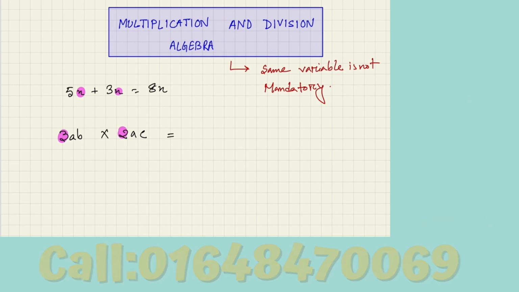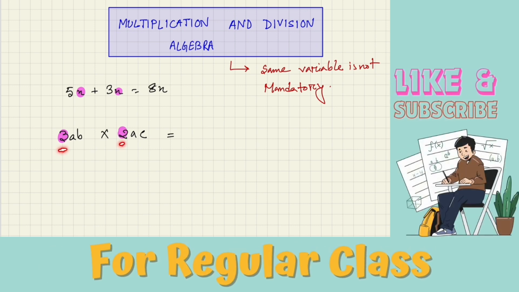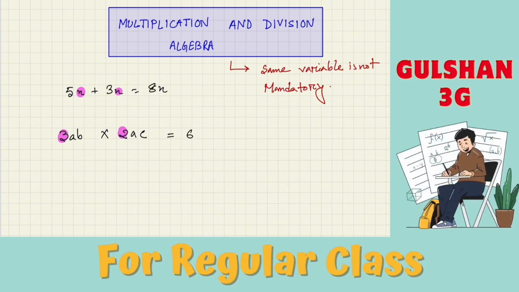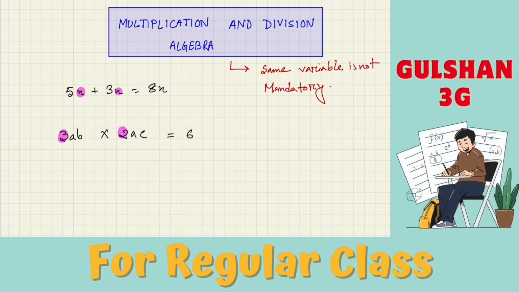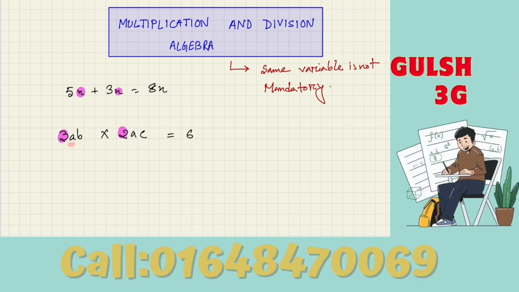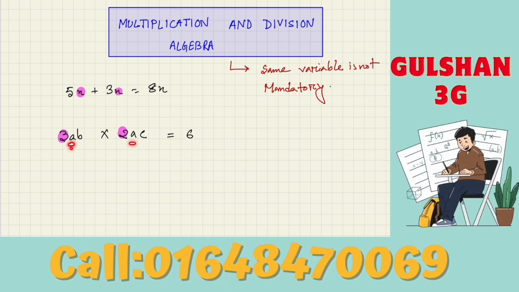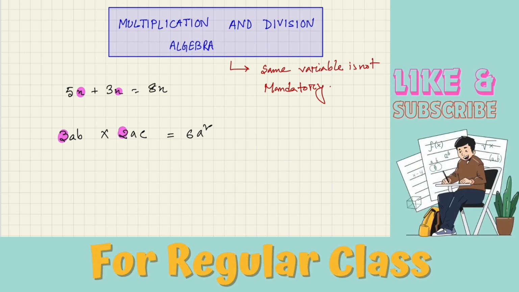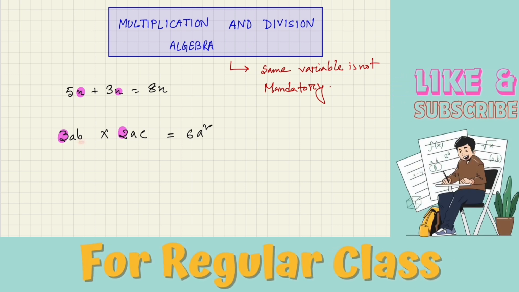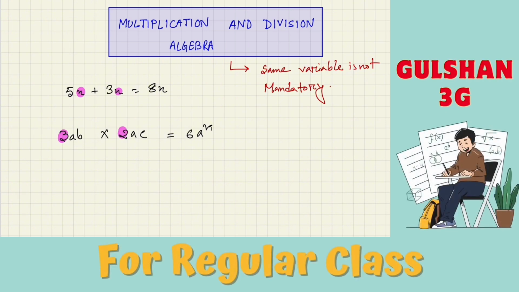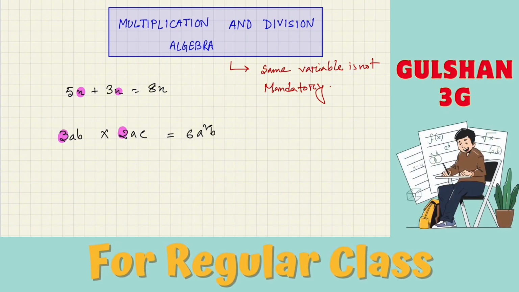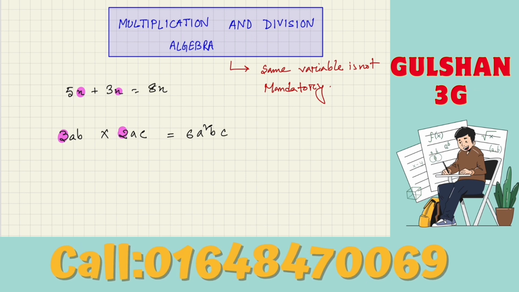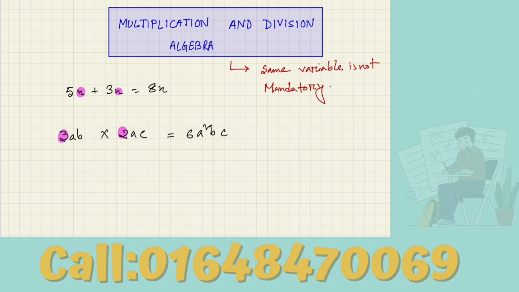Here it is 3 and here is 2, so the multiplication of 3 and 2 is 6. Then we have to find how many a there are. There are 2a, so the result will be a square. And how many b? There is only one b, so b. And how many c? There is only one c, so the result will be 6a square bc.